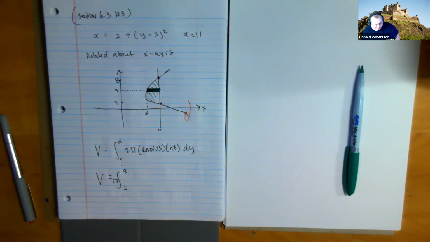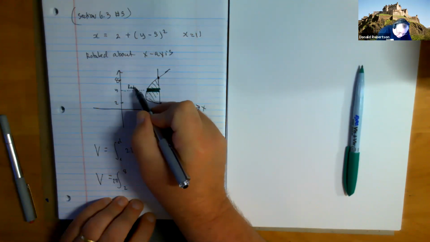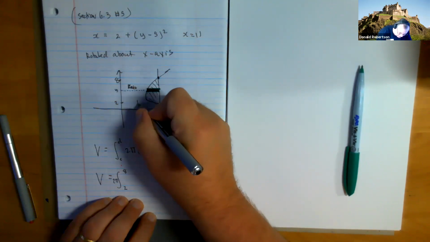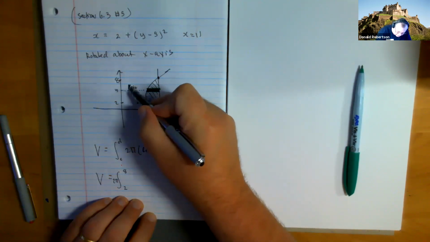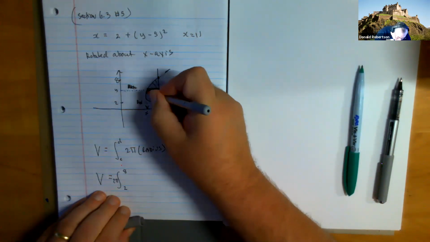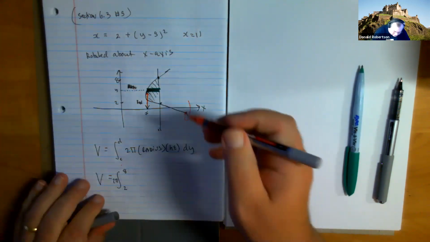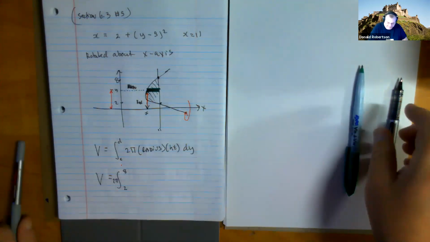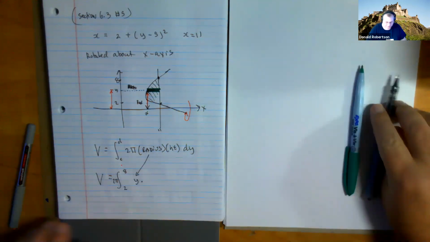So the radius is the distance from the rectangle to the axis of rotation. That distance here to here, I'll do it in red, is my radius. Isn't the radius just y? So the radius is y.